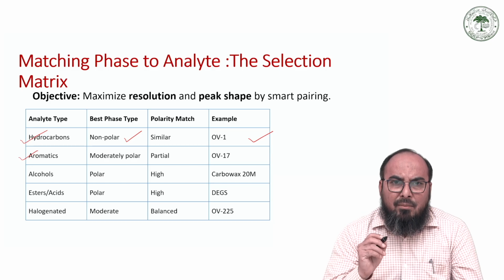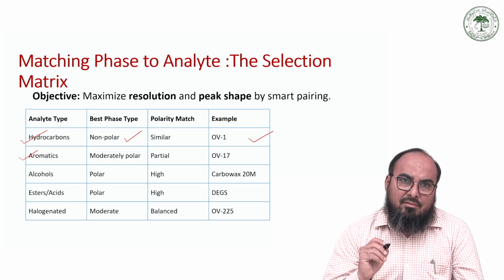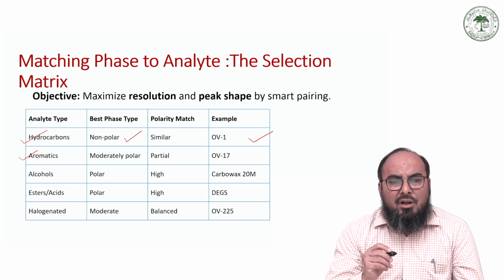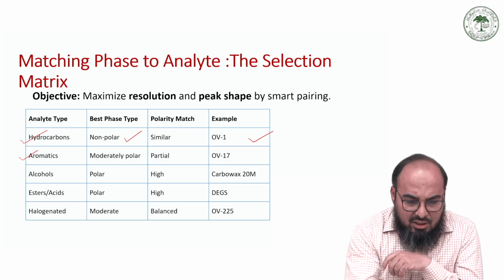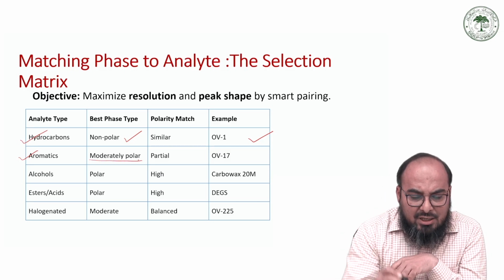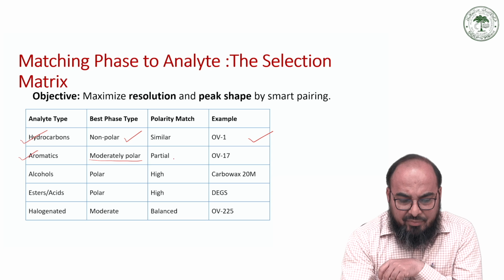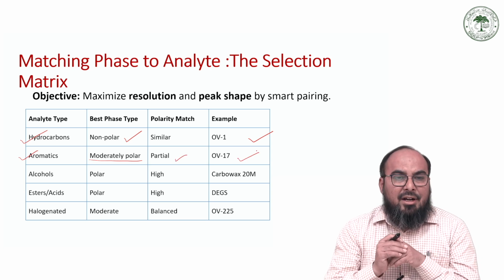For example, polyphenyl methyl siloxane, the one which you get by replacing one methyl group by one phenyl group. So here you have chosen a moderately polar phase, and the polarity match is partial, and an example is OV17, that is the trade name.